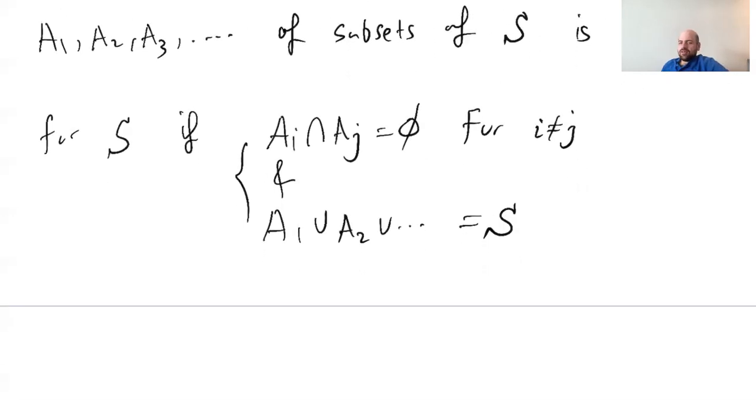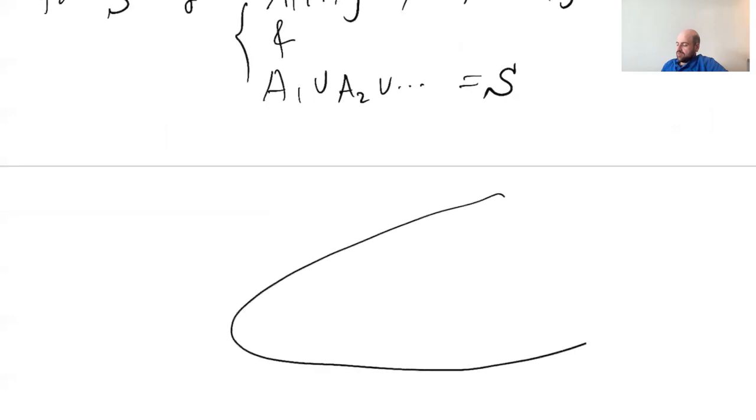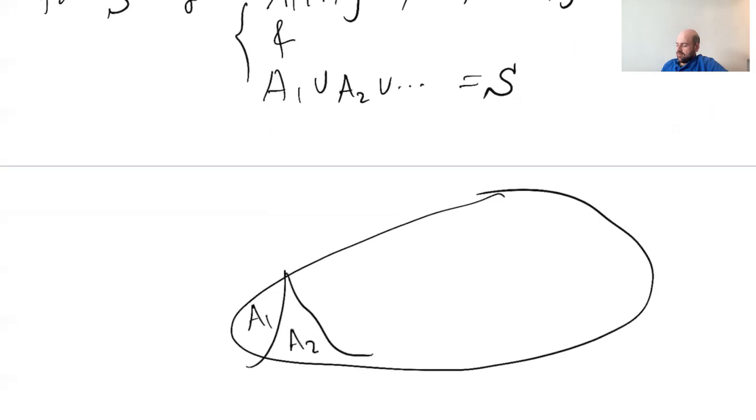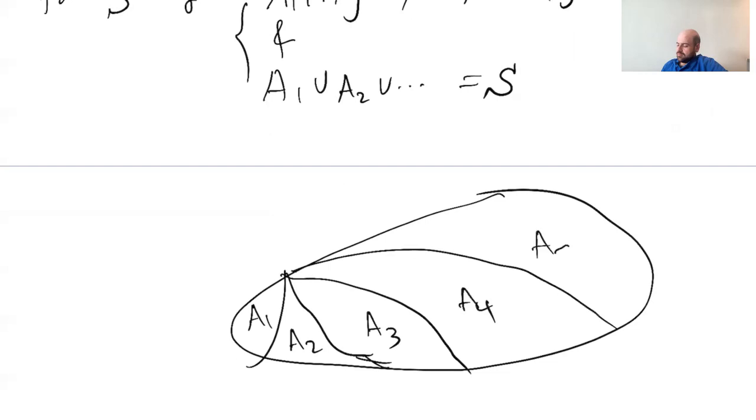So if you have a collection of subsets of a set which are pairwise disjoint, so any two of them that you consider have empty intersection. Here in this picture, if I consider any two sets like A1 and A2, no intersection, A1, A3, no intersection, A1, A4, no intersection, and so on.